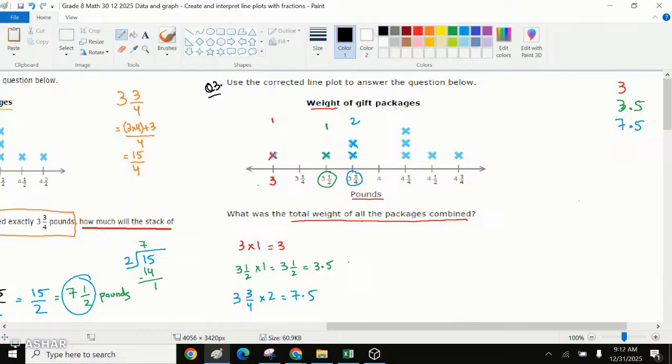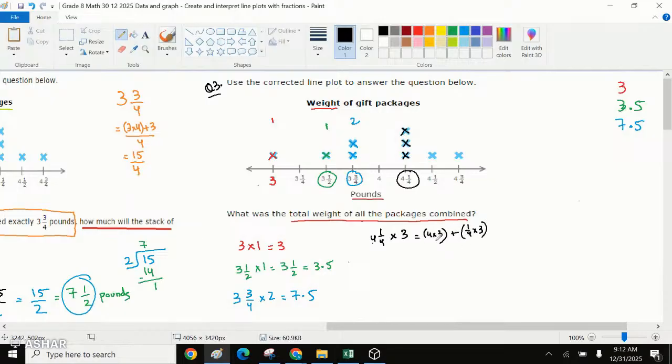There was no package with 4 kilograms. 4 1/4, there were three packages. So we write 4, 1/4 is multiplied by 3. Agreed? So when we multiply, 4 multiplied by 3 plus 1/4 multiplied by 3.